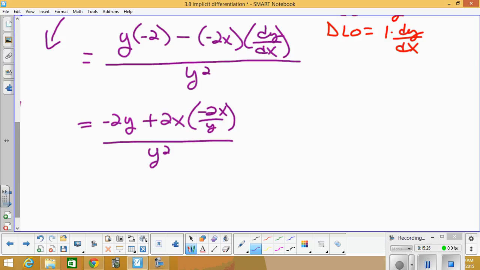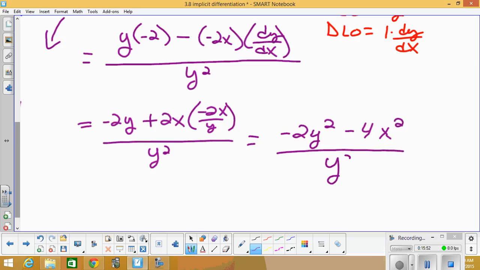I'm going to make a common denominator through the numerator, and then I'm going to have to simplify my denominators again. So in effect, I'm multiplying everything, numerator and denominator, by y, and it should simplify to negative y squared minus 4x squared all over y cubed.